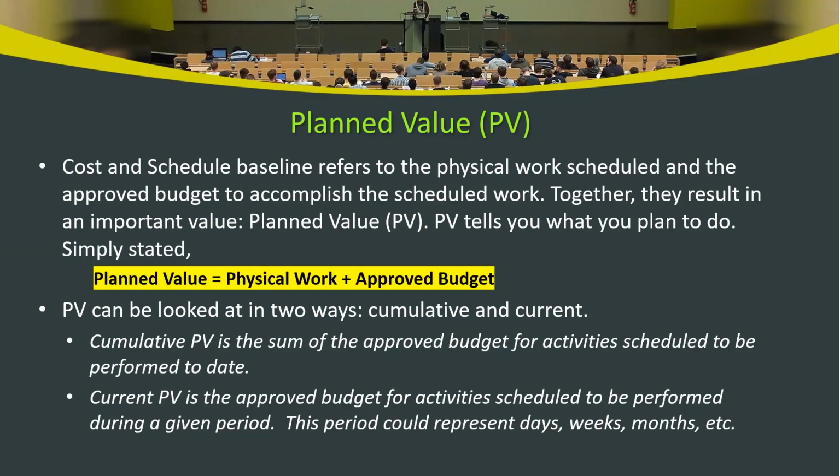Because PV for the cost is the approved budget, and for the schedule it is whatever schedule, that means how long it will take for the entire project, and based on that, what is expected to be accomplished at a certain time in the project.